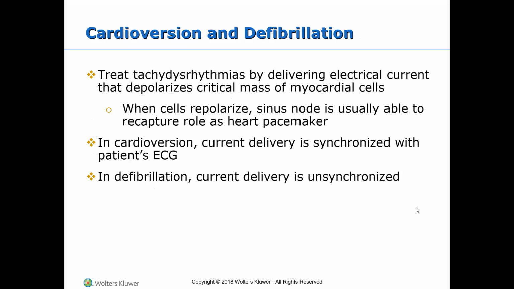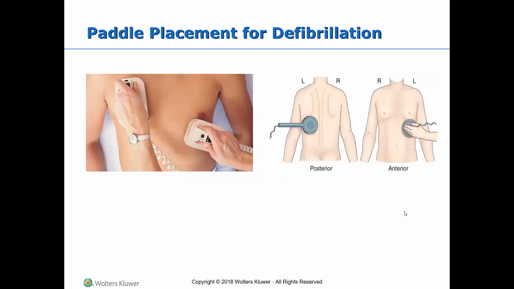There's actually a button on the machine, and you can either push it and say you want to deliver the charge synchronized or unsynchronized. And so this is paddle placement for defibrillation, and the one on the right is for children.